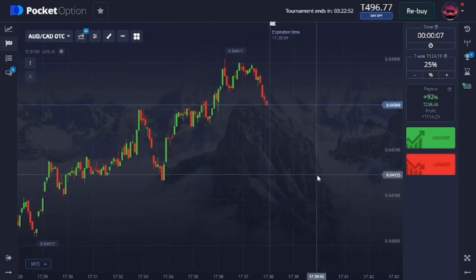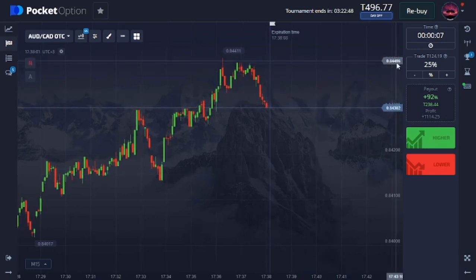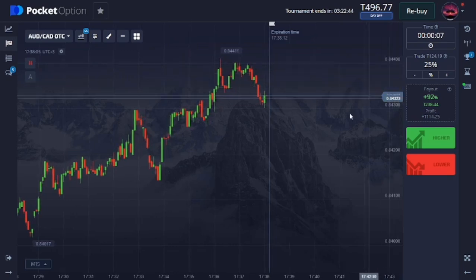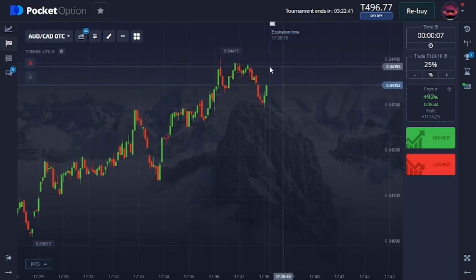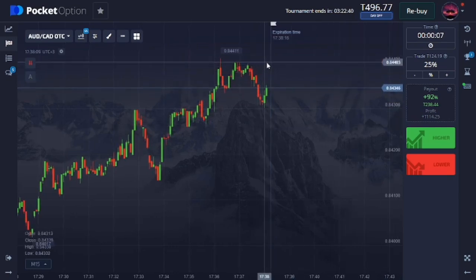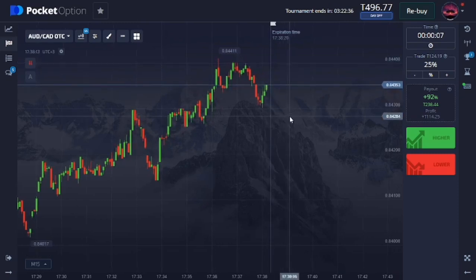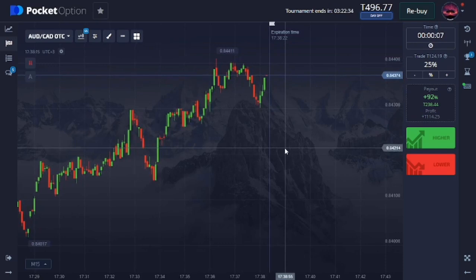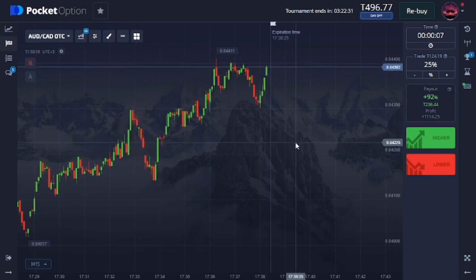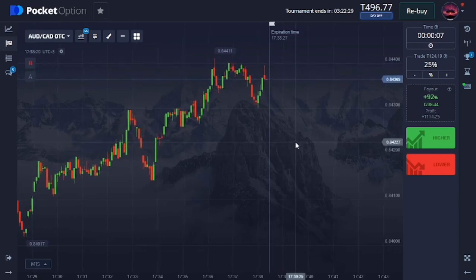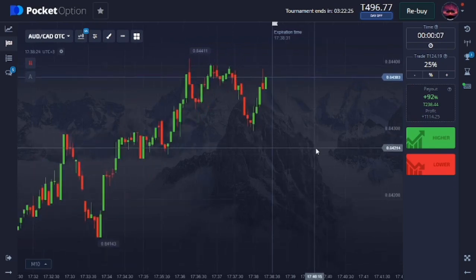Okay, I think finally we are at this place, 0.84400. That is a brick wall. It is a stone wall that cannot be defeated. So the price is having difficulty, or is it? I think it is having difficulties.